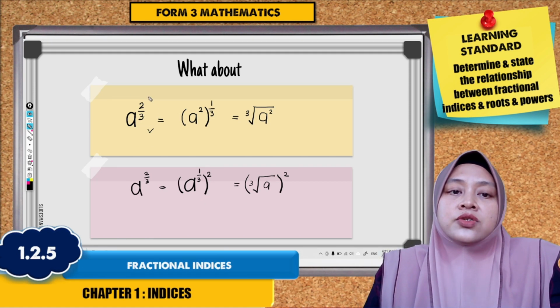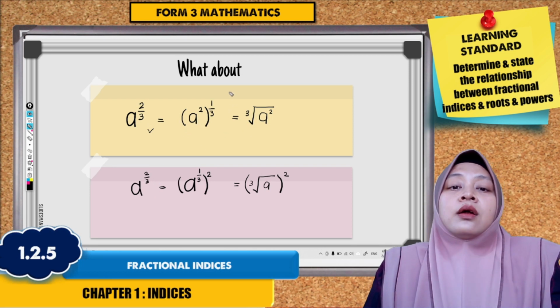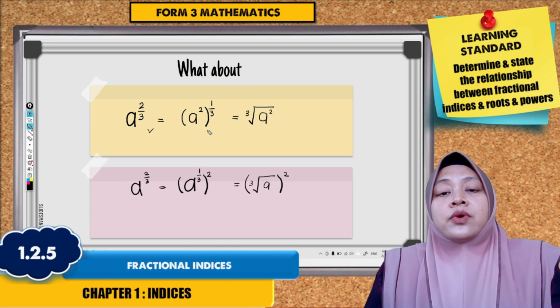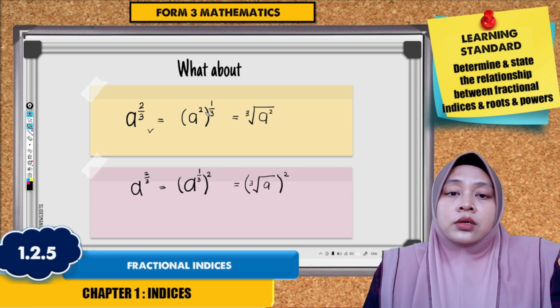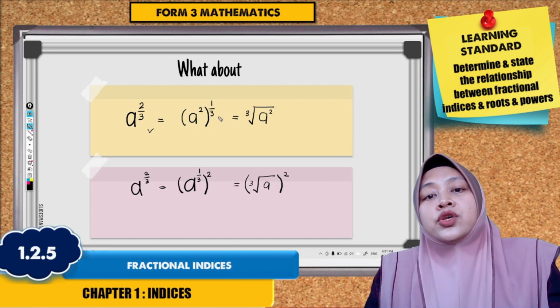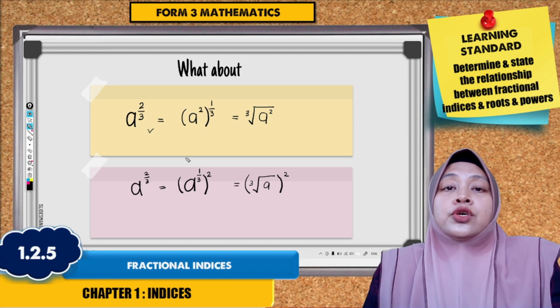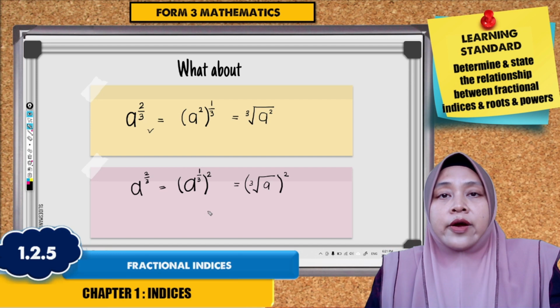Can you see here the same question, a to the power of 2/3, but we have 4 ways to write it, right? However you write it, whether you want to start with a square and then take the cube root, or cube root first and then square it.